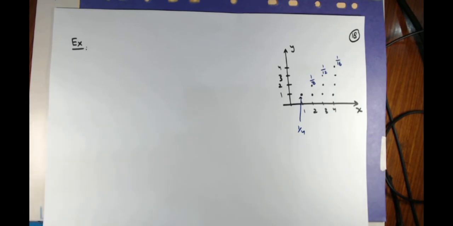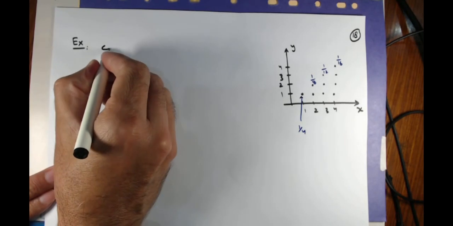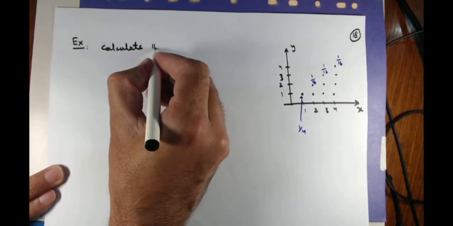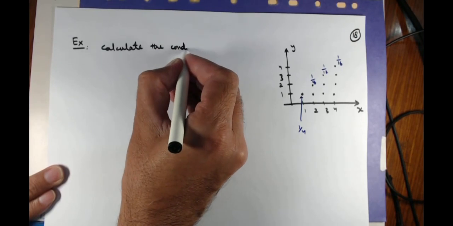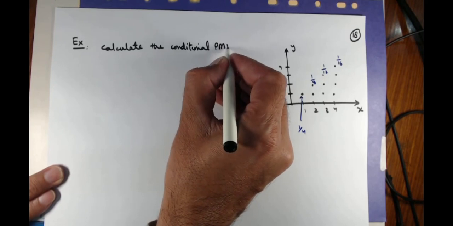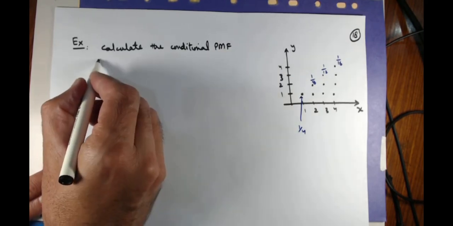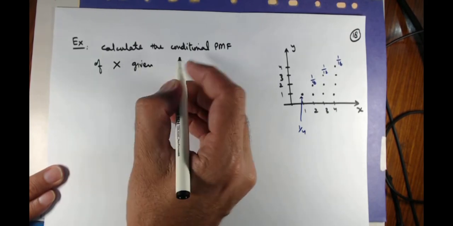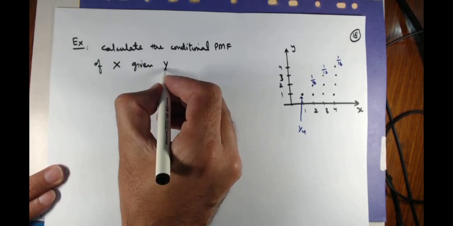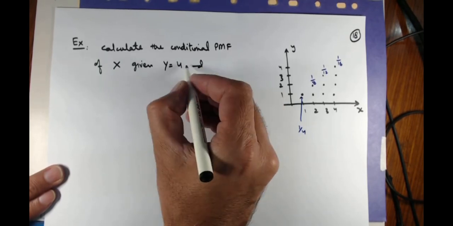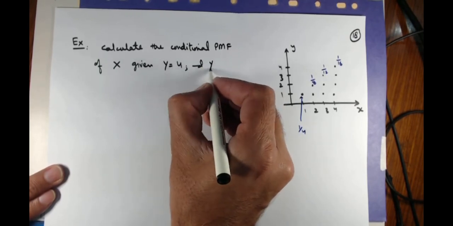So the question at hand is, we need to calculate the conditional PMF of X given Y is equal to 4, and secondly Y is equal to 2.